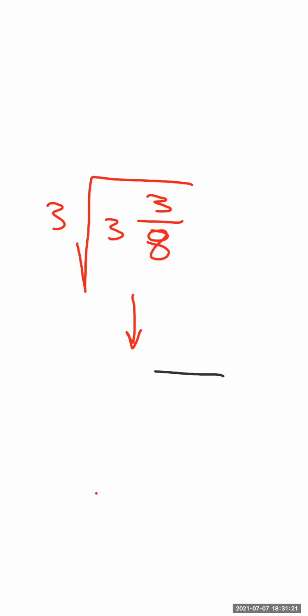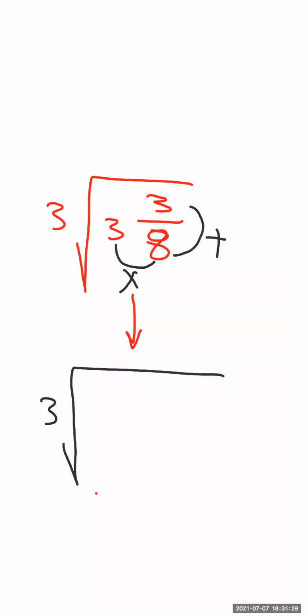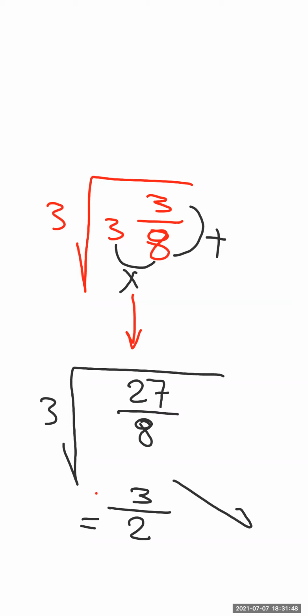So it will equal the cubic root of 3 times 8 equals 24 plus 3, which is 27, over 8. So it will equal the cubic root of 27, which equals 3, and the cubic root of 8 equals 2. So it will equal 3 over 2.